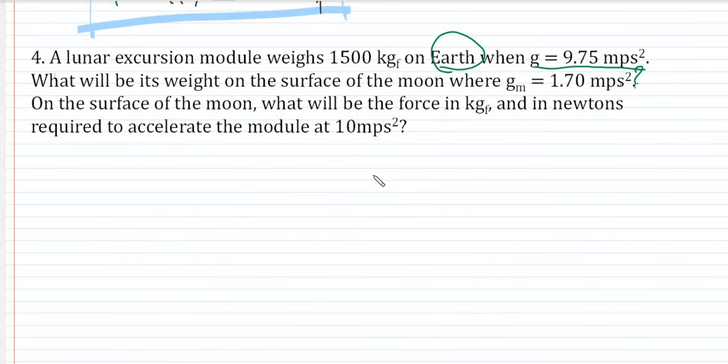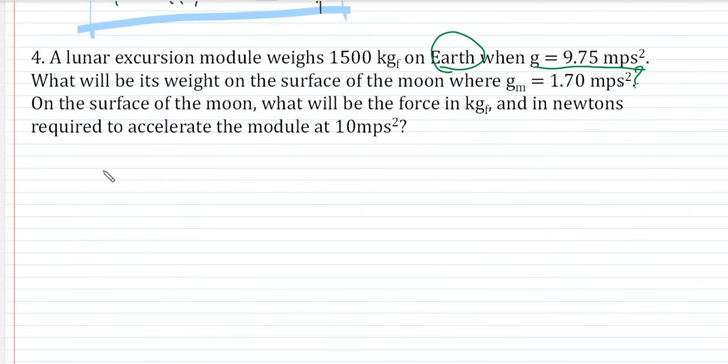So first, to solve for the weight on the moon, we must realize, from the previous problem, that mass does not change. Okay, mass is constant. So whatever is the mass on the Earth is also the mass on the moon.